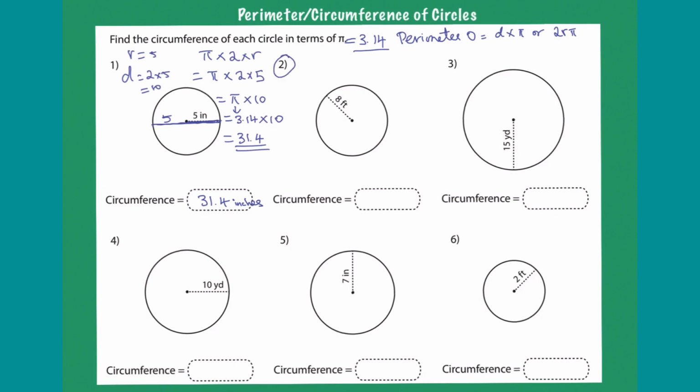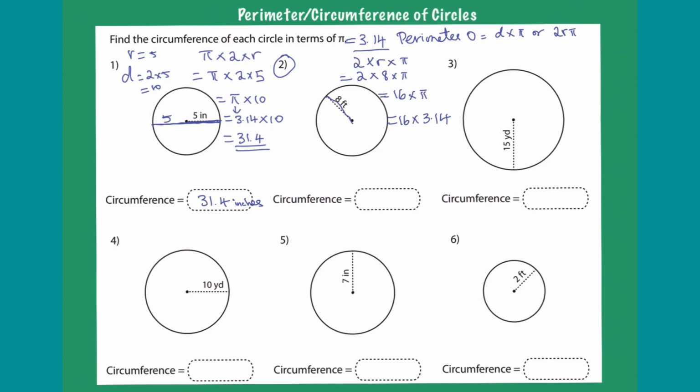So you have to do 2 times the radius times pi. The radius here is 8. 2 times 8 times pi. Solve that first: 2 times 8 is 16, times pi. So you just have to do 16 times 3.14.